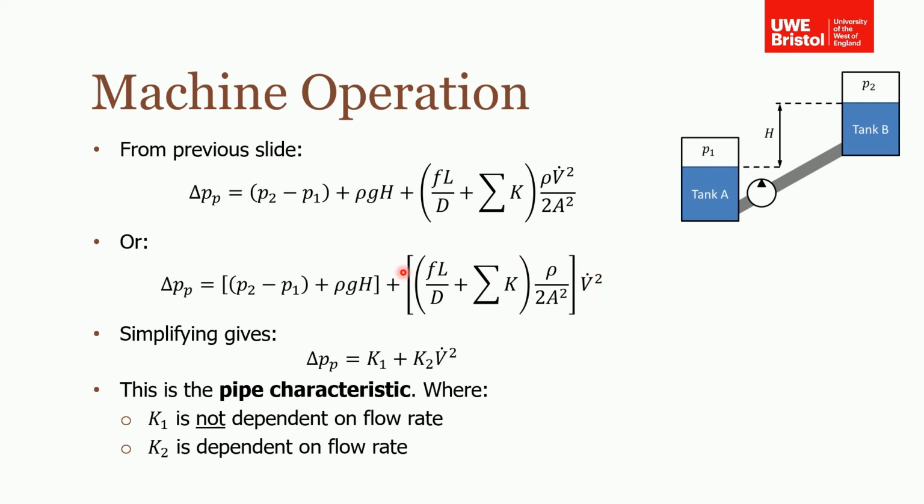If we take these out as constants, then we can write this equation. So the pressure rise for the pump is equal to K1, which is not dependent on volumetric flow rate, plus a constant K2 times the volumetric flow rate squared. And this equation we can describe as the pipe characteristics for our given pipe network.